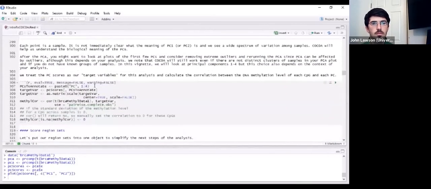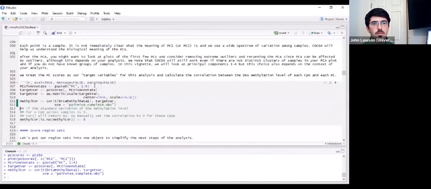Okay, so in this case, it's an unsupervised analysis, so we're going to treat our principal component scores as our target variables. And we're just going to look at PCs 1 through 4. So once we have those scores for each sample, we can correlate those with the DNA methylation data.